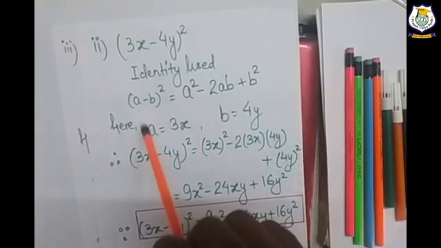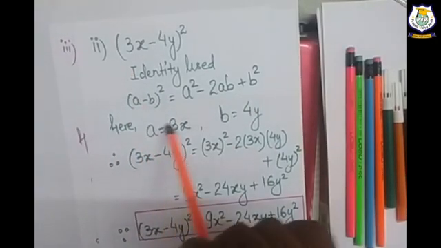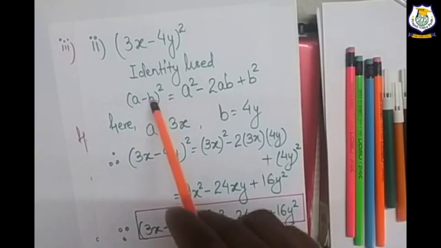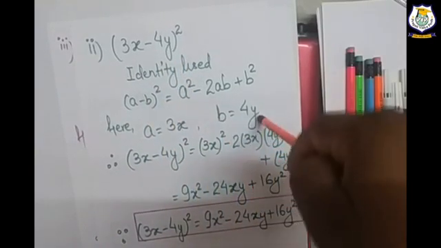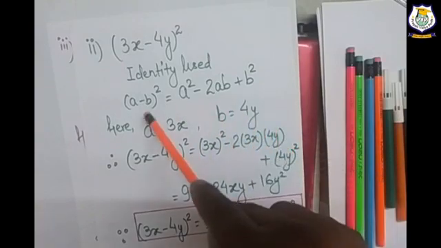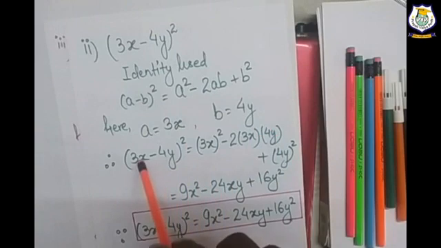Here in place of a we have 3x, so a equals 3x. In place of b we have 4y, so b equals 4y.